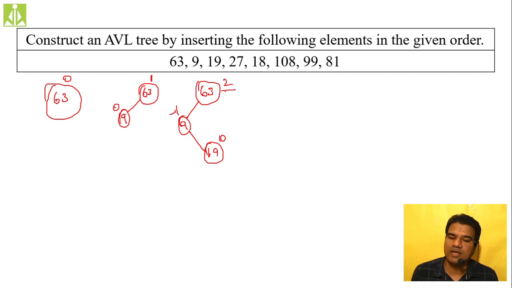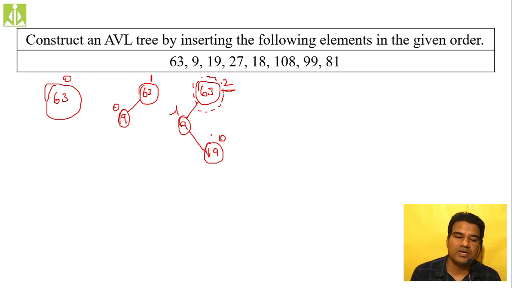So here we lost the balance factor. So what we have to do is perform a rotation. What type of rotation? Because of inserting this 19, I've lost the balance factor. This is my critical node. How did I lose the balance factor? Because of inserting this 19.